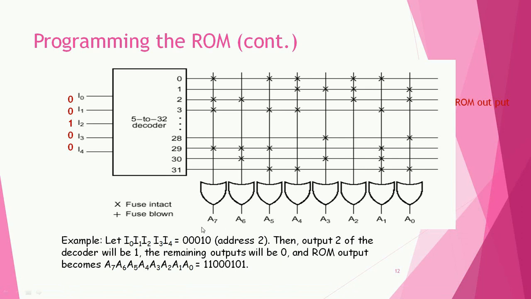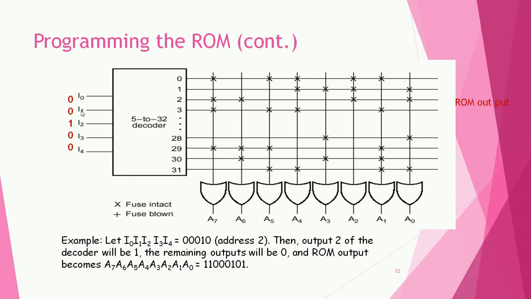Observe this diagram. If we want to store some information at address location 2, then address location 2 is selected by address line value 0 0 0 1 0 as shown over here. Actually, the address lines shown in red, the least significant bit should be 0, and I1 should be 1.